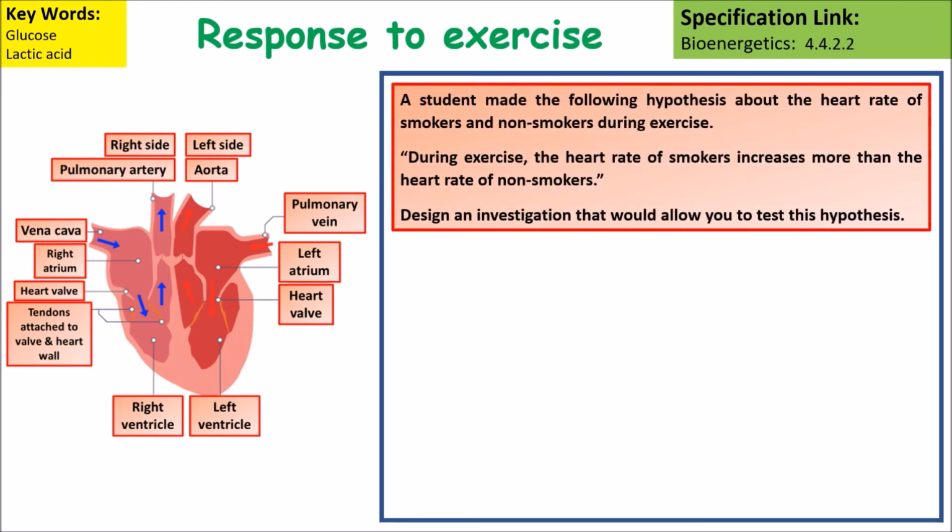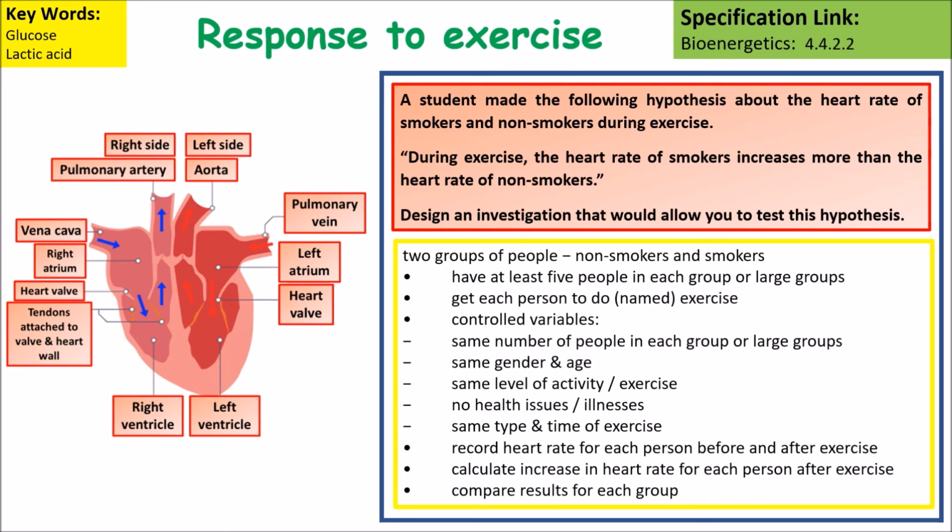A student made the following hypothesis about the heart rate of smokers and non-smokers during exercise: that during exercise, the heart rate of smokers increases more than that of non-smokers. If you're designing an investigation to test this, some of the key things you would need to include are having at least 5 people in each group, so 5 smokers and 5 non-smokers.